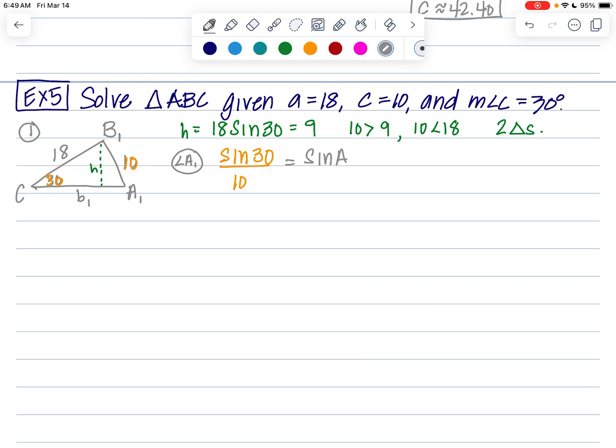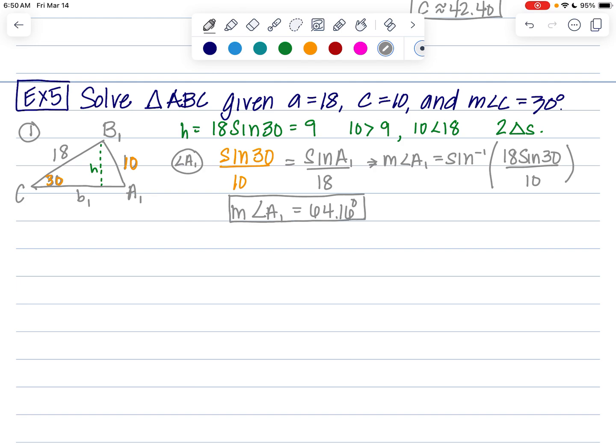Sine of A1 over 18. Okay, we're going to cross multiply and solve this. The measure of angle A1 is going to be equal to the inverse sine. So when you solve it, you should get 18 times the sine of 30 divided by 10. So that means the measure of angle A1 is going to be 64.16 degrees.